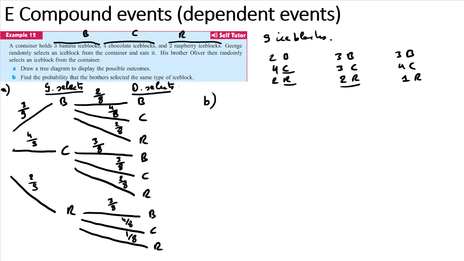And then for B, we have to find the probability that the brothers selected the same type of ice block. So let's write it down: brothers selected the same type of ice block.